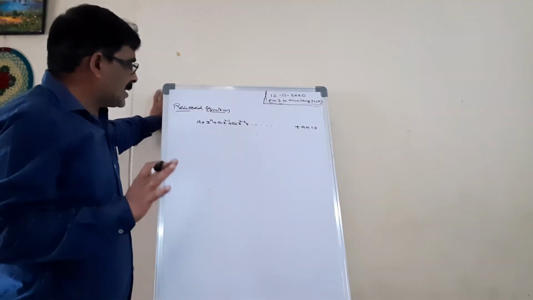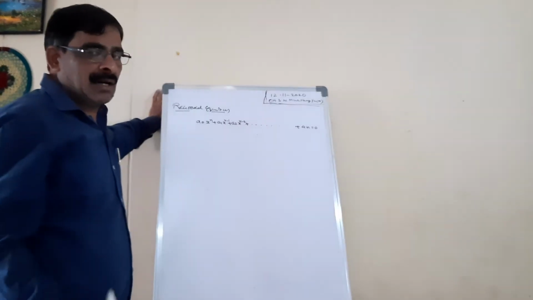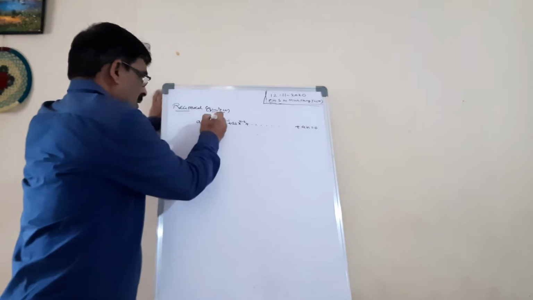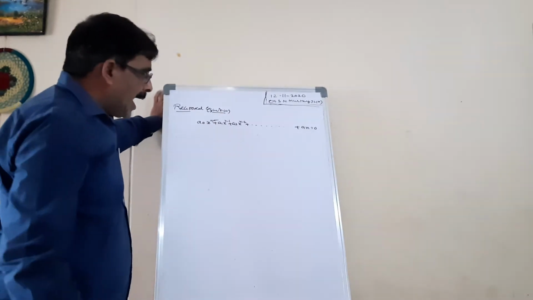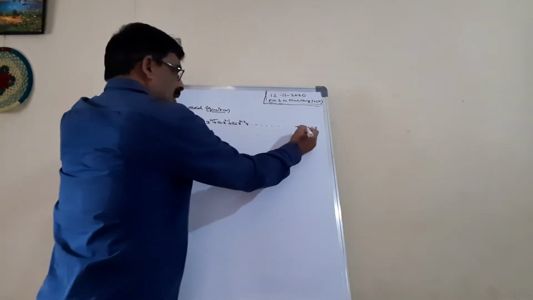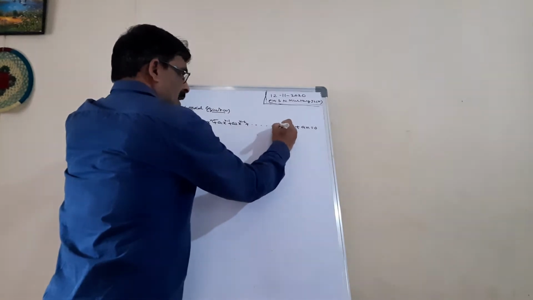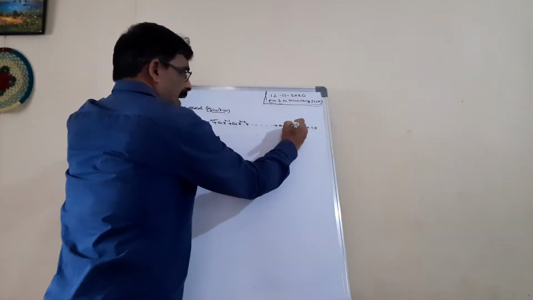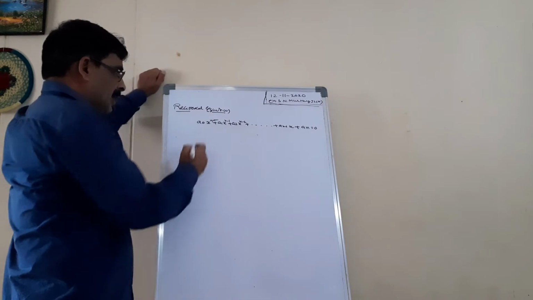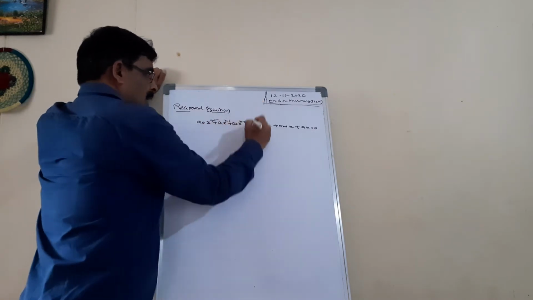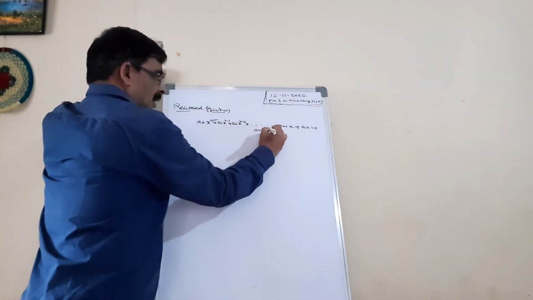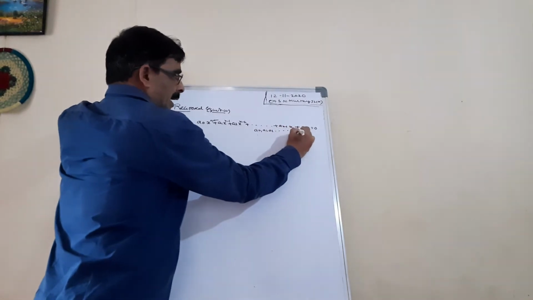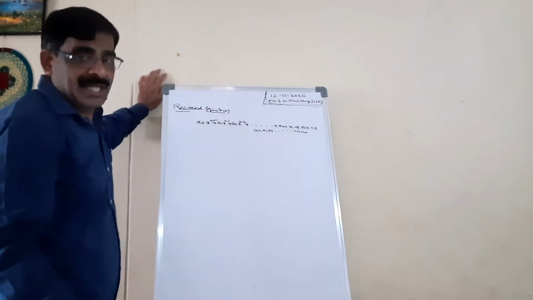You know, this is a polynomial equation of nth degree. Here a0, a1, a2, etc., an are coefficients.